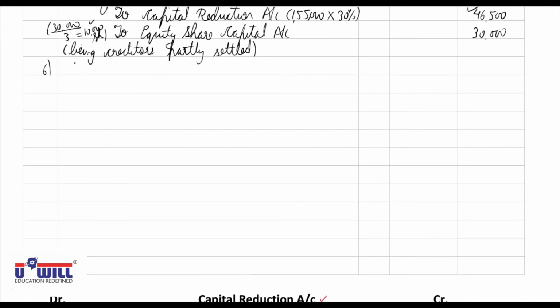So building account debit to capital reduction account 35,000. Okay, building account debit to capital reduction account 35,000.